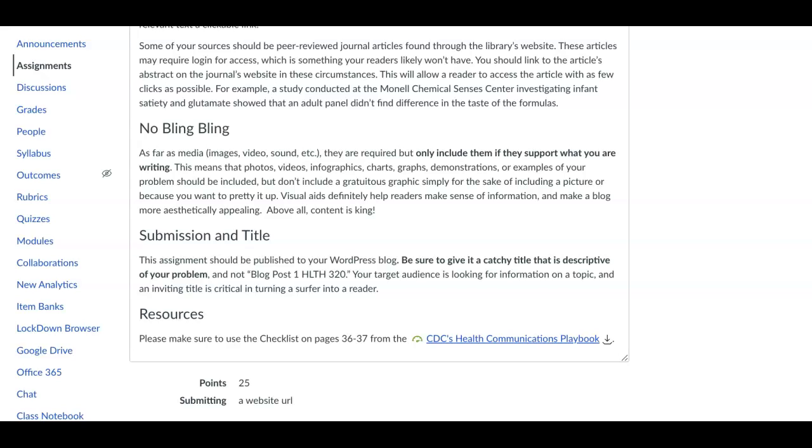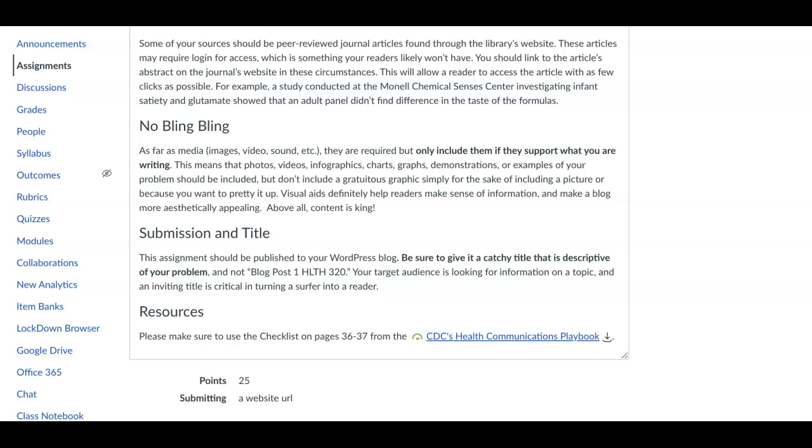Again, make sure you're following all those best practices for writing for the web. You can take a look at the CDC Health Communications Playbook as a reminder of some of those things. You should submit this assignment as a URL. You're actually going to copy and paste that URL into the submission so I can actually go to your site and see your blog. So make sure everything is posted so I can see it.